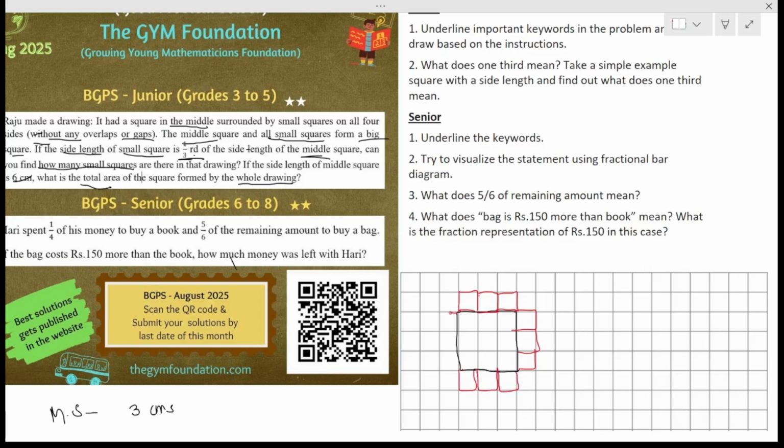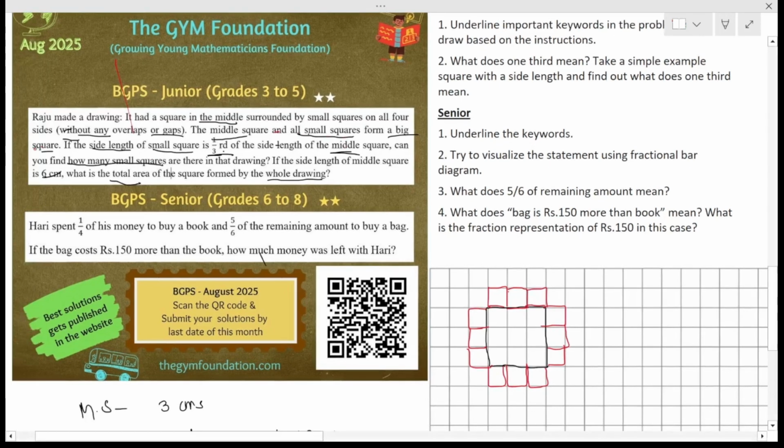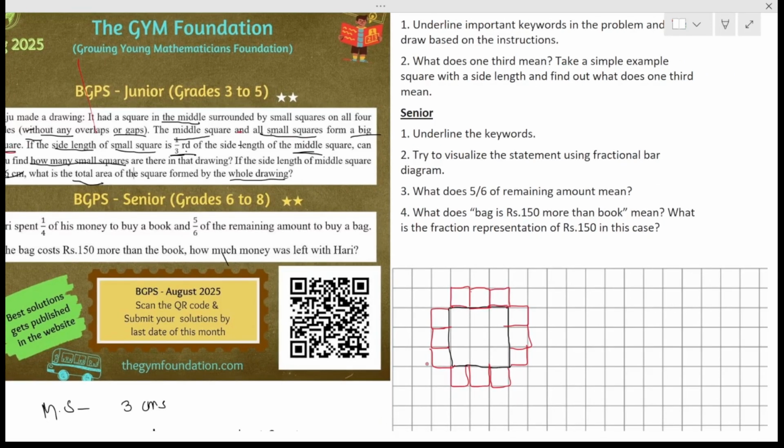But remember another important phrase: the middle square and all the small squares form a big square. Currently, does it form a square shape? It forms a crisscross shape. So in order to form a big square, I also need to draw another small square like this in the corners. Now we can see that this forms a very big square.